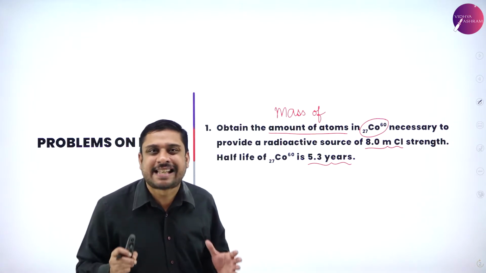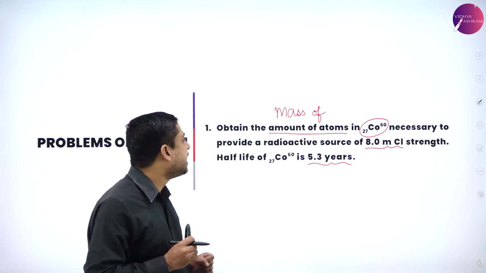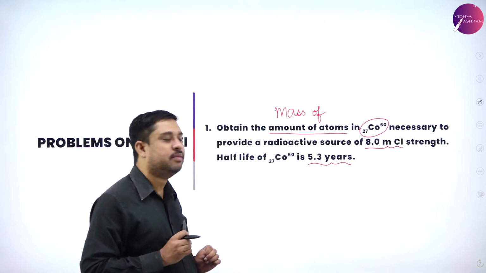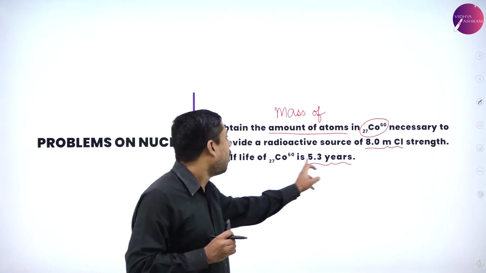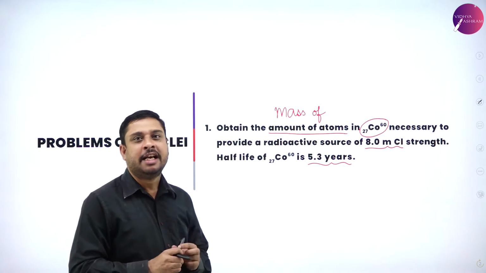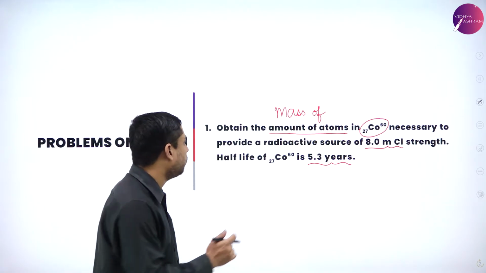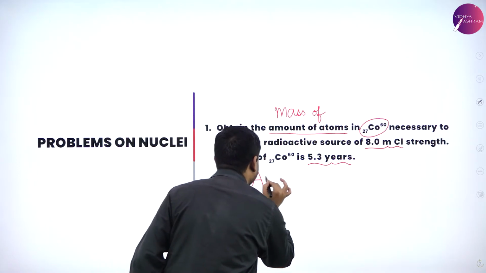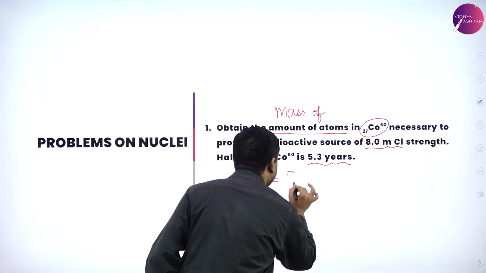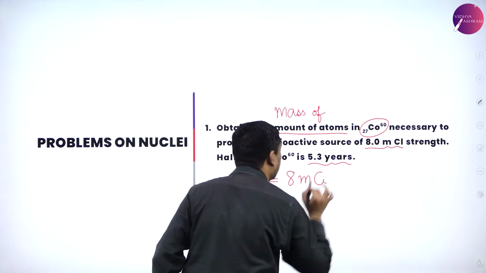Activity of the sample is very clearly given, 8 millicurie. And half-life of the sample is 5.3 years. Now, so activity is given 8 millicurie.